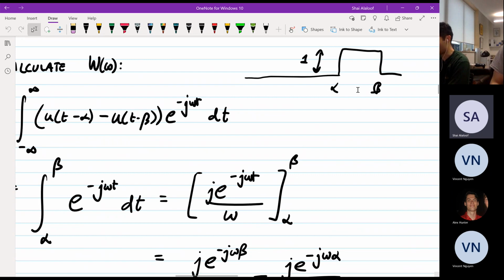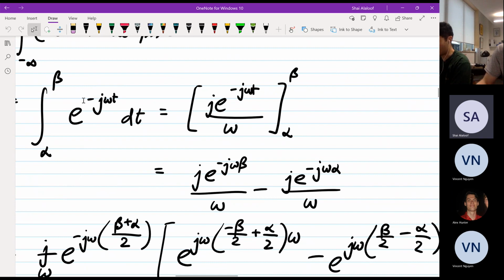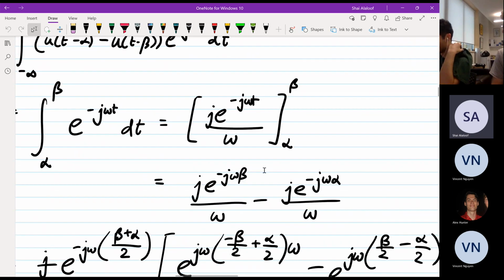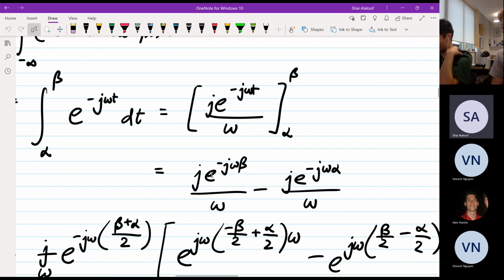So within alpha and beta, you're integrating a constant value of 1. That's what I've done here. And of course, the e to the minus j omega t is just what you get from Fourier transforming. So a bit of algebra later, you just get j e to the minus j omega beta over omega minus j e to the minus j omega alpha over omega.